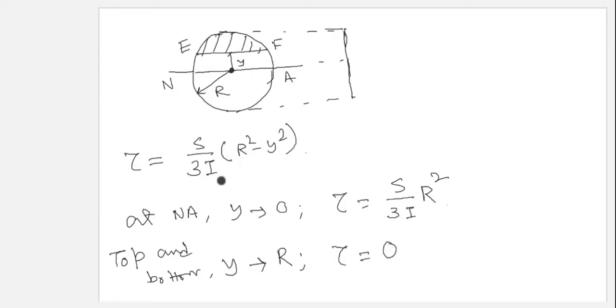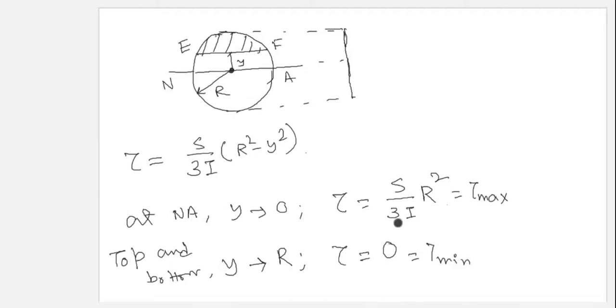So from this expression, we are getting that as the y value increases, the shear stress is decreasing. So here if y becomes 0, that means this is giving us the maximum value of the shear stress. So this is nothing but tau max. And this is the tau minimum, because here the y value is maximum and we are putting it here.